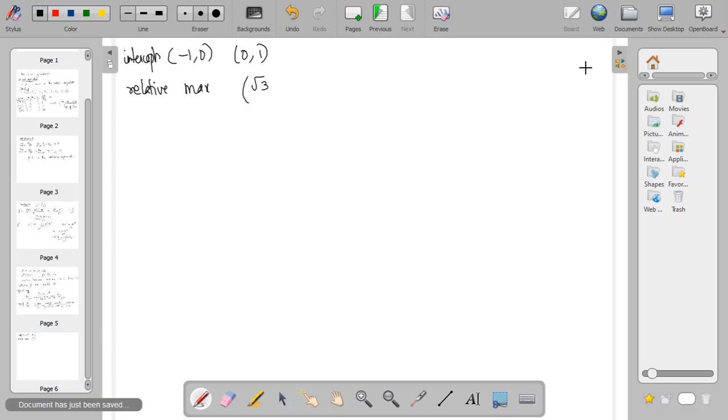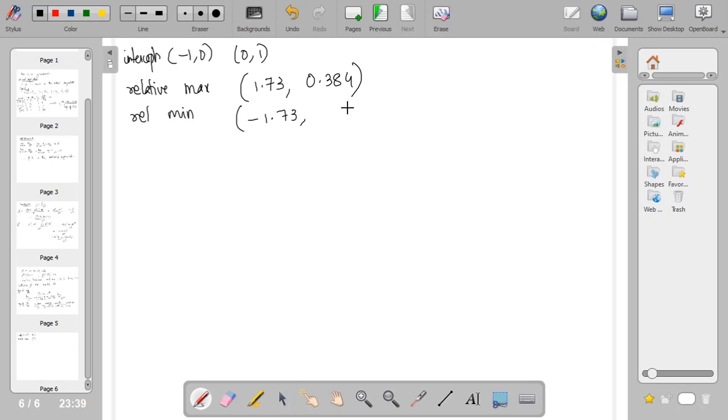Substitute x equals root 3 in the equation. Let me write as decimal values. Root 3 I am taking as 1.73, then 0.384 comes. Similarly the relative minimum is at minus root 3, so 1.73 and minus 0.384 will come.